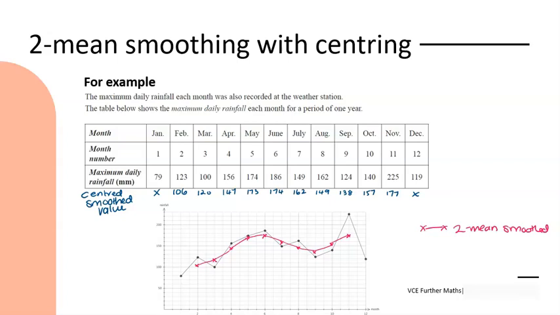So you think about the two mean smoothed values as your working row. Your final answer, your new data, your smooth data is the centered data. So we can see here it has taken out some of the fluctuation, still a bit of a rolling, even though I've joined those with straight lines. Still a bit of a curve there. It's not very linear, but we can see there is that increasing trend.